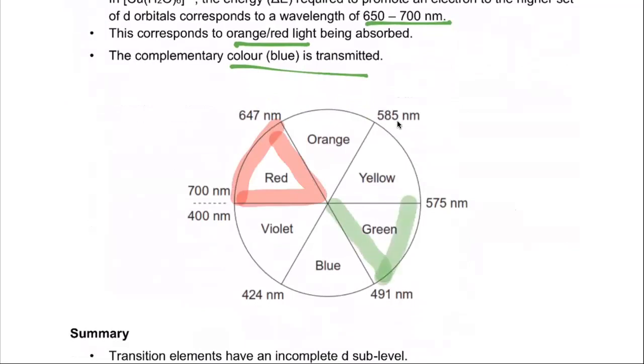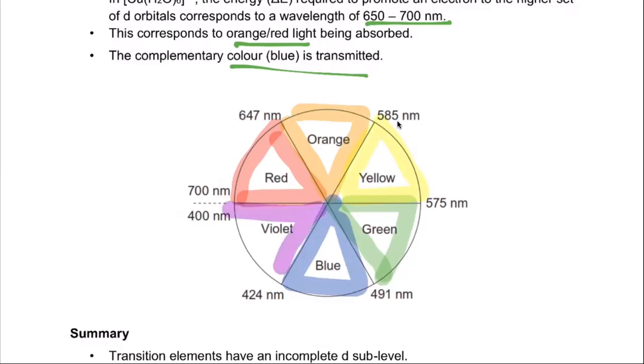If something is absorbing more in the orange range, then it's going to appear blue to our eyes. If something is absorbing in the yellow range, then it's going to appear to our eye as a violet color, that purple violet.